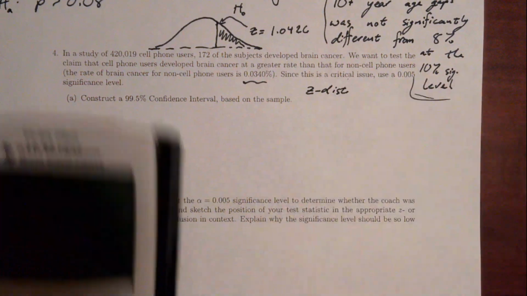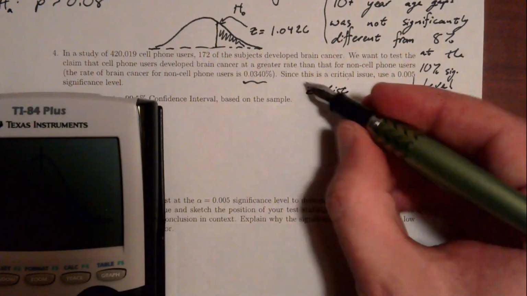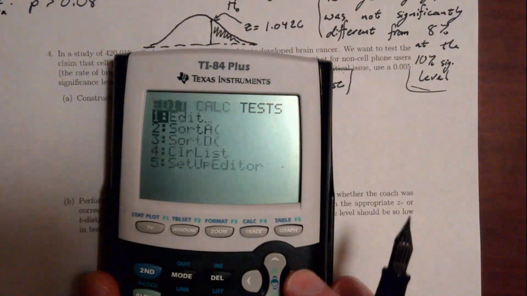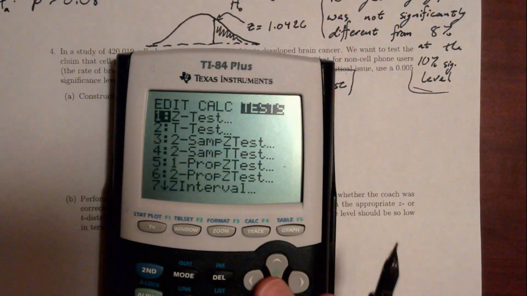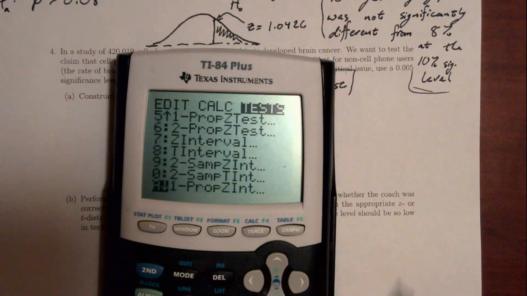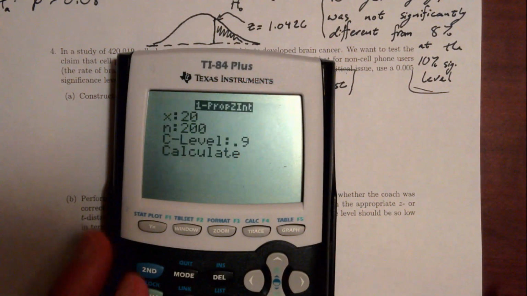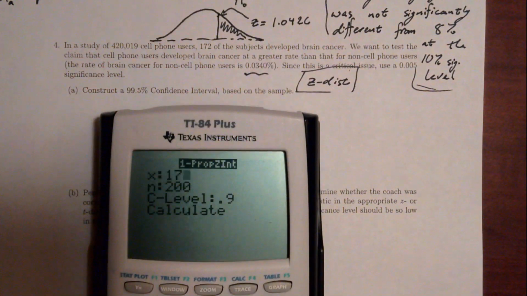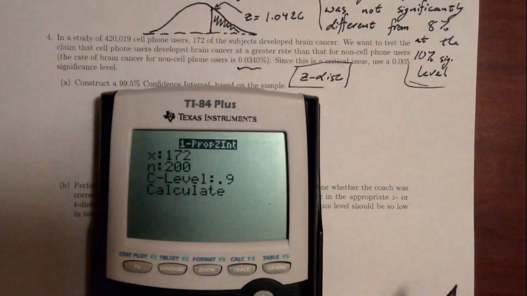And we'll go straight for the confidence interval to begin with. So stat. Tests. One proportion confidence interval. There it is. Okay, what do we got here? We have 172 confirmed cases in this.